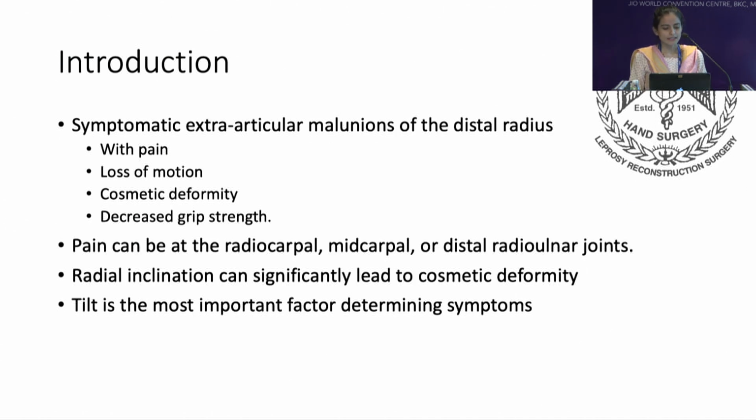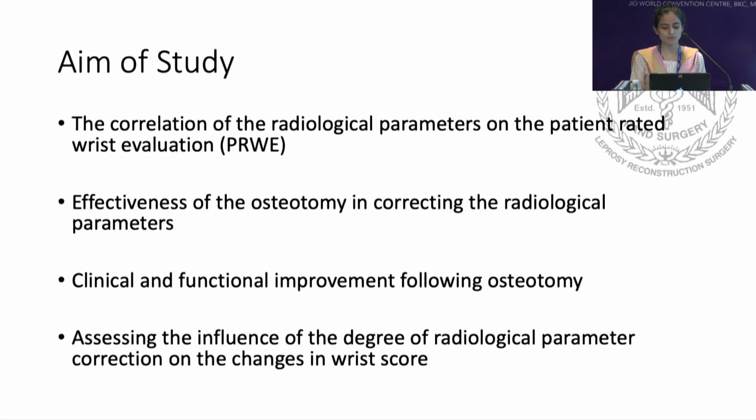So a symptomatic extra-articular malunion of distal radius may present with pain, loss of motion, cosmetic deformity, decreased grip strength. So pain can be in the radiocarpal region or midcarpal or distal radioulnar joint. So the radial inclination can significantly lead to cosmetic deformity, and tilt is a very important factor determining the symptoms.